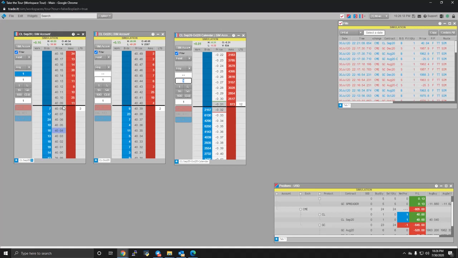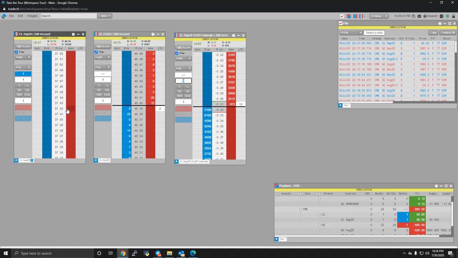And so the reason for the crash is that any buyer in the front month contract was just gone. There were no bids. The market looked like this, and you had sellers just chasing all the way down, trying to get flat the May 2020 contract. In this example, I'm scrolling through September 20.